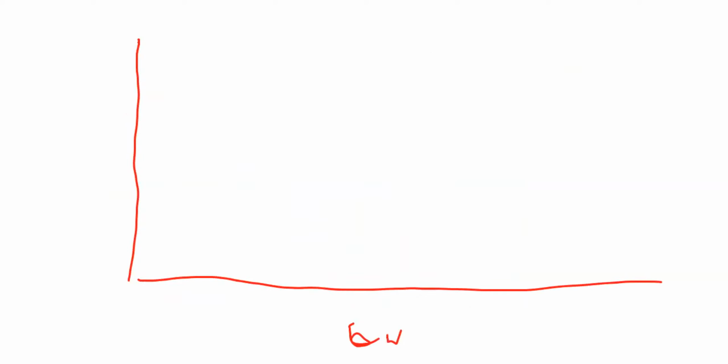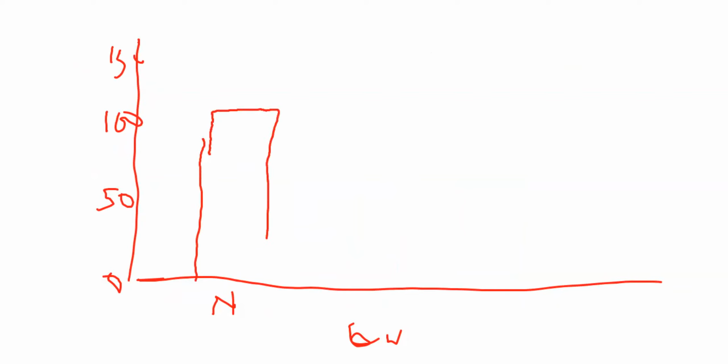This is still the cast. This is the origin as we did it before. 50, 100, and then 150. Here is Nissan as we did before. That was 10, like this.